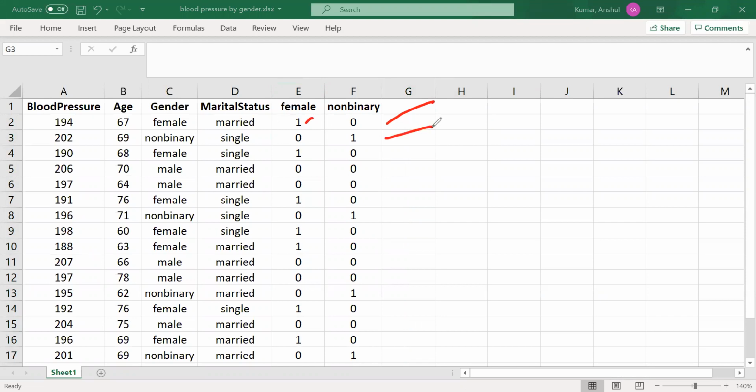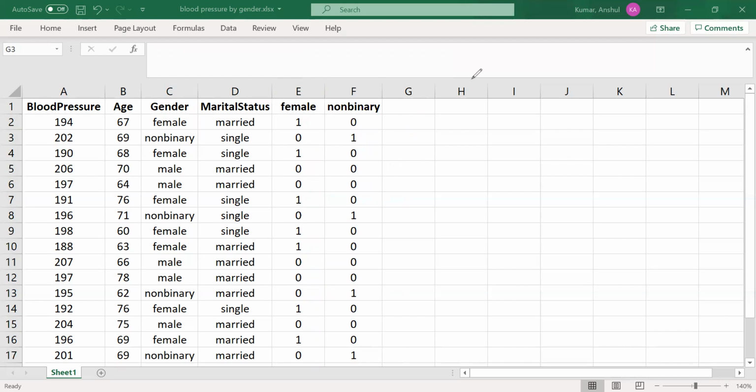We know the next person is a non-binary person because we have this number 1 here. And then let's skip down to row number 5, meaning the 4th person in our data. We know this person is a male because this is a 0 and this is a 0. What else could they be? The other category that we left out, which is a male.